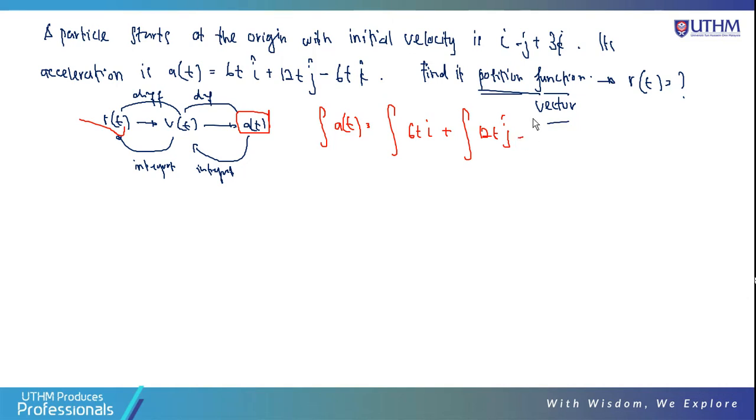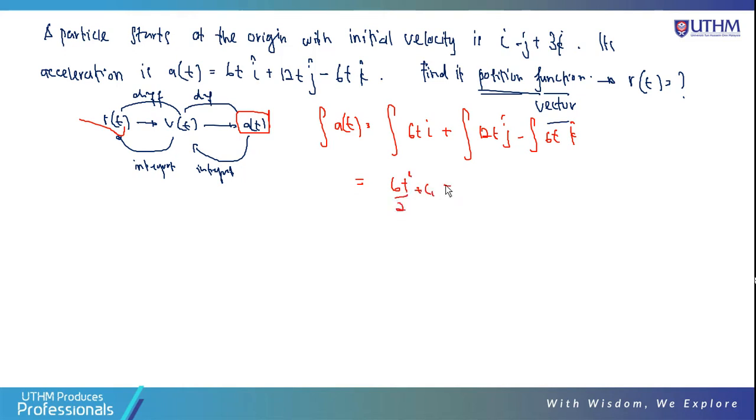So you integrate here, you get 6t power 2 over 2 plus C1.